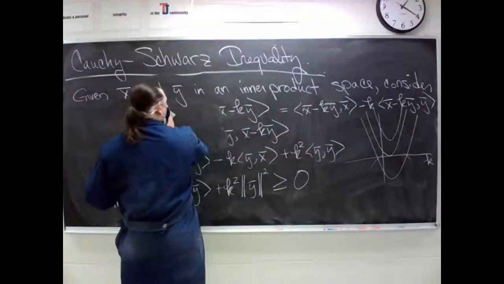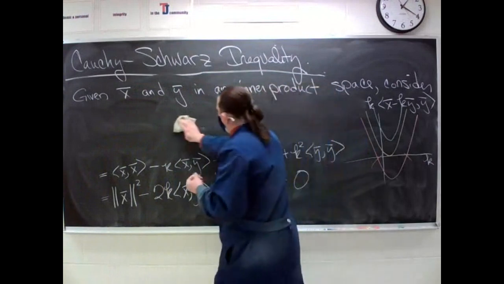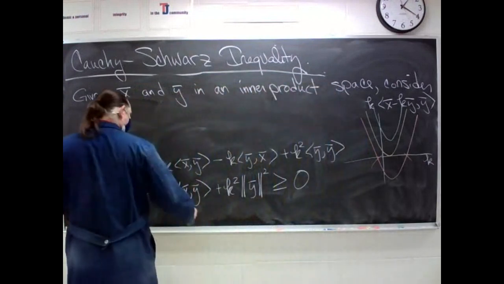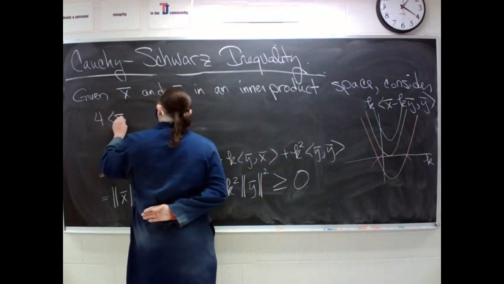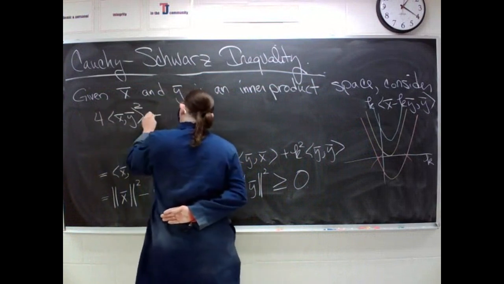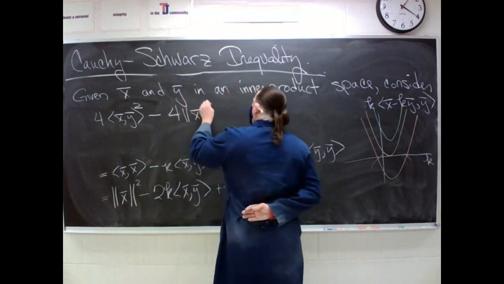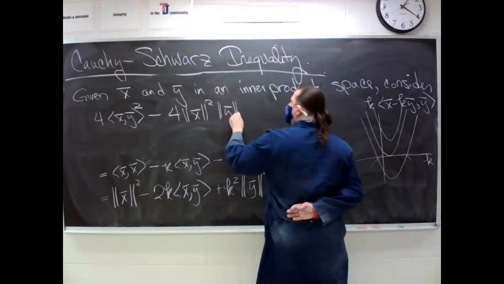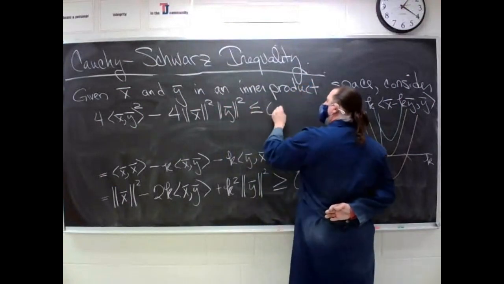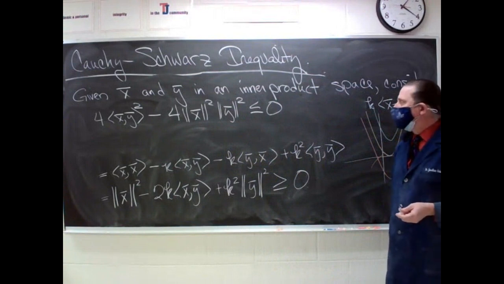So let's see what that tells us. The discriminant, b squared minus 4ac, less than or equal to 0.